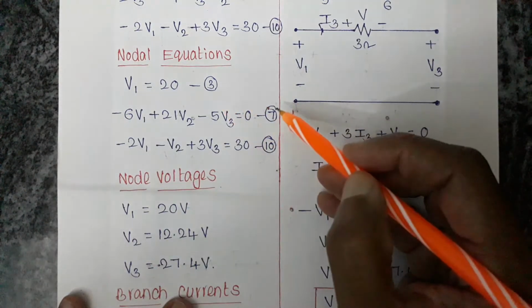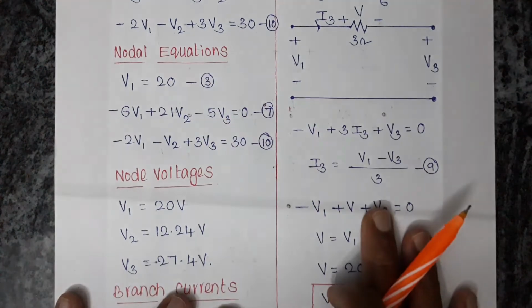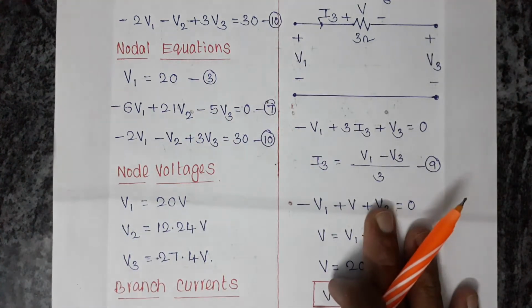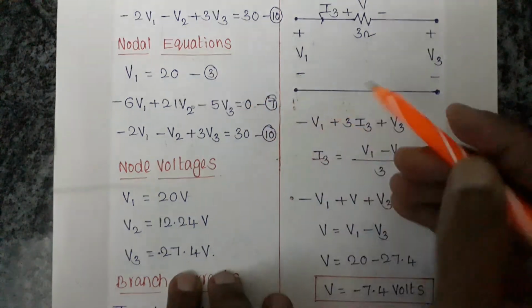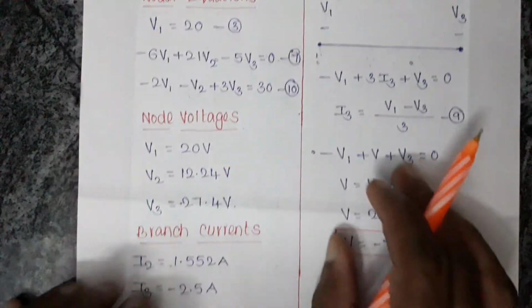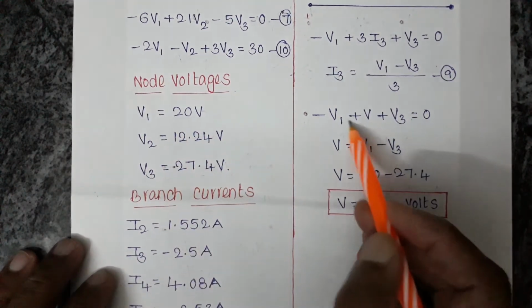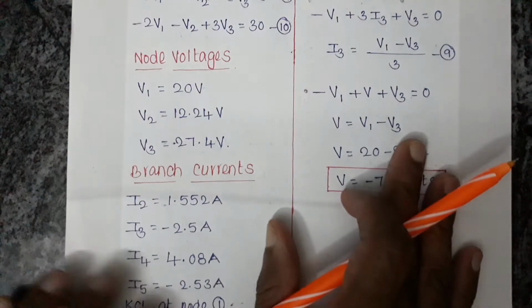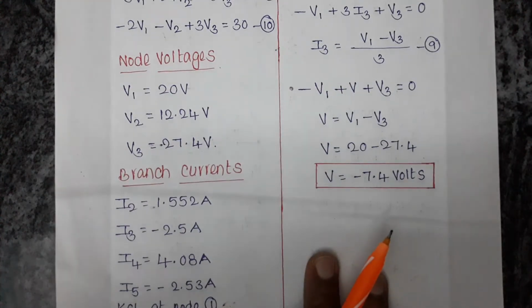So equation 3, equation 7 and equation 10 are the nodal equations. Now, using a calculator, we solve these three equations. We get V1 equal to 20 volts, V2 equal to 12.24 volts, V3 equal to 27.4 volts.